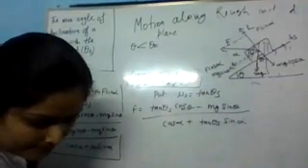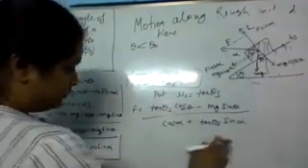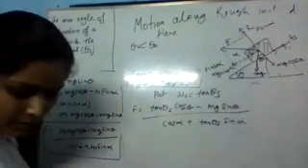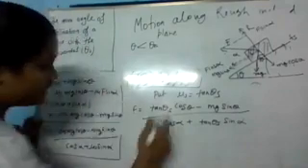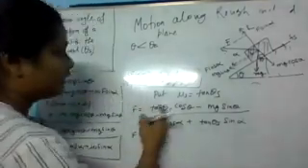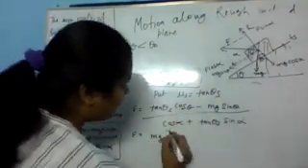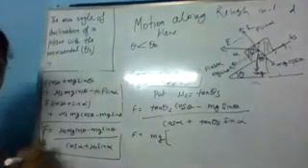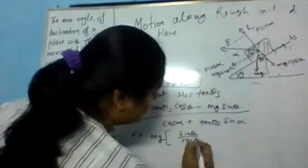Okay. Now you can take mg as a common. So this tan theta s can be written like this: sin theta s upon cos theta s.